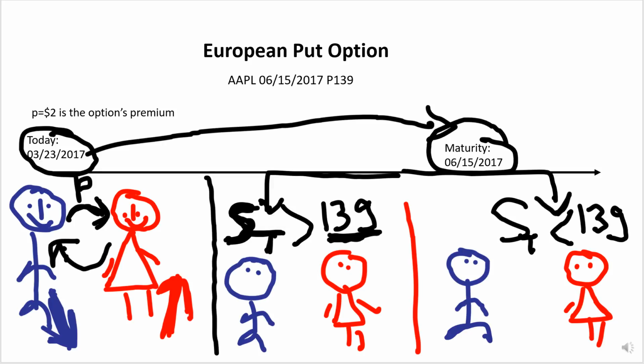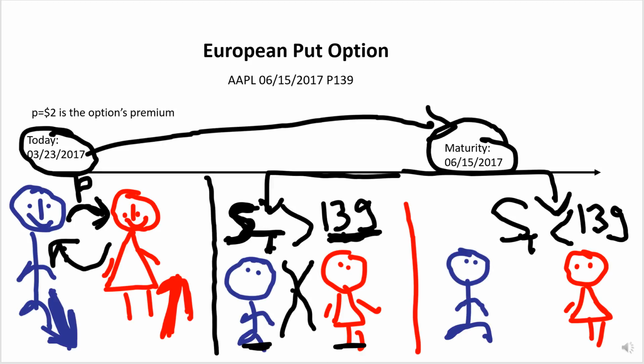It can be $140, $141, $142, any value. So he will not be selling at $139 a share of Apple that is worth more than that on the market. So he will walk away from the contract. There is no exchange that takes place between the long investor and the short investor.